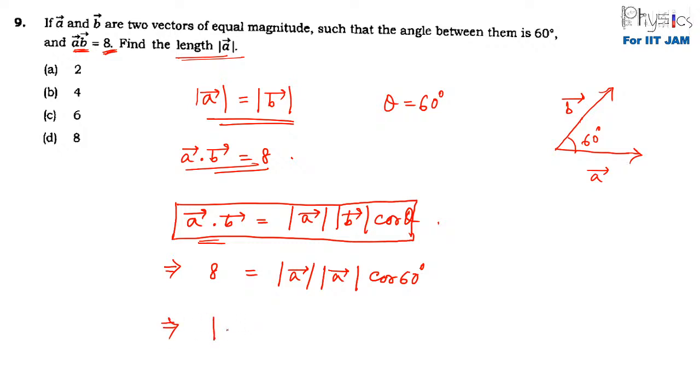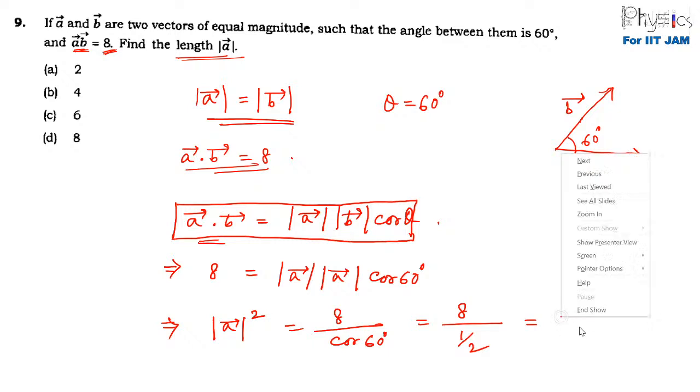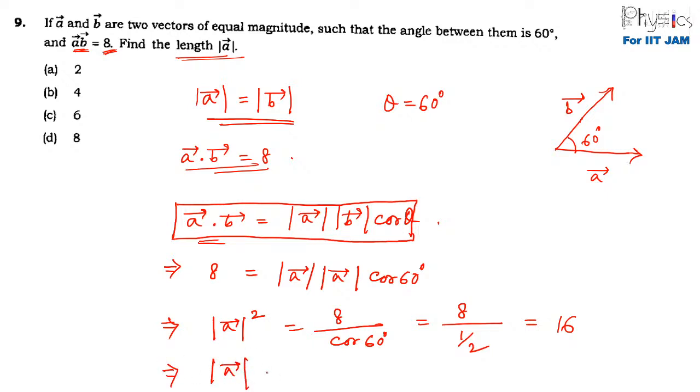Now mod of a vector square equal 8 divided by cos 60, and that is equal 8 by cos 60 means half, so it is equal 8 times 2, that is 16. So we have mod of a vector equal root over 16, that is 4. So our correct answer here is option B, 4.